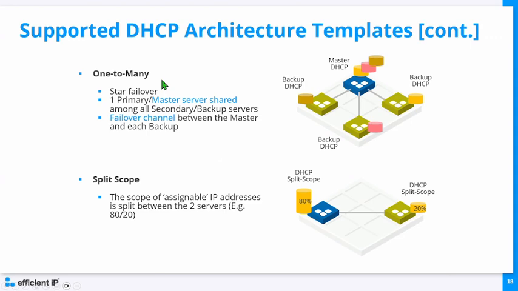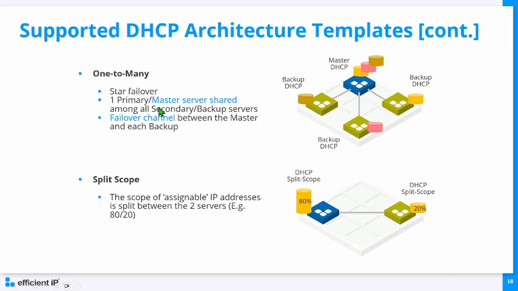Now, if you want to enable the integration between DHCP and IPAM, if you want to turn on the replication or integration from DHCP to IPAM or from DHCP to DNS, if you want the global DDI, you must use the one-to-one architecture.